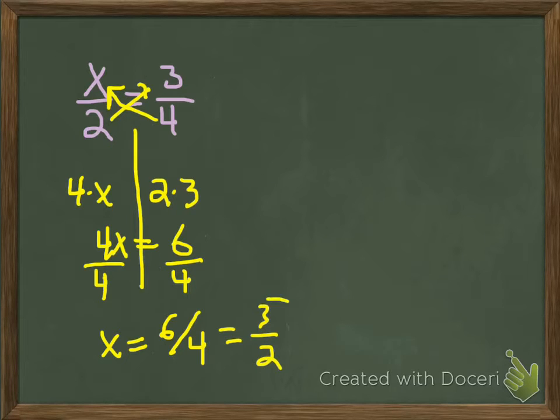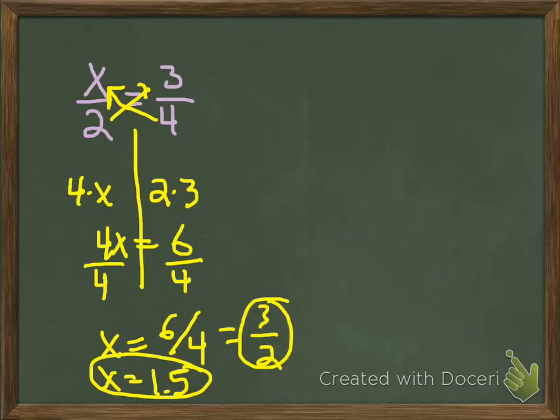So you can say the answer is 3/2. 3 divided by 2 is technically 1.5 as a decimal, so you could say 1.5 is your answer. Any of these would work, 3/2 or 1.5.